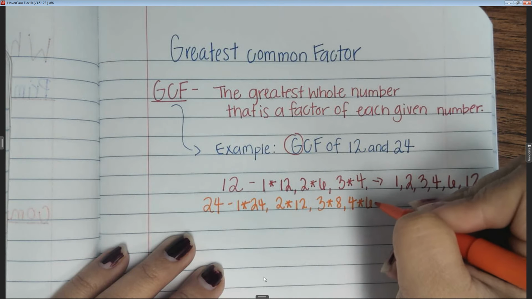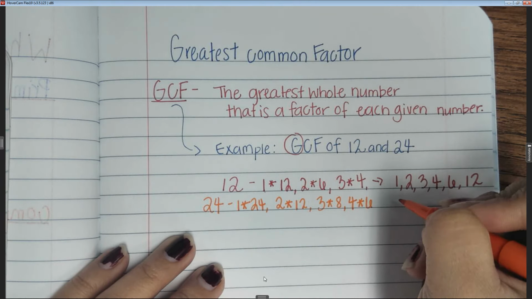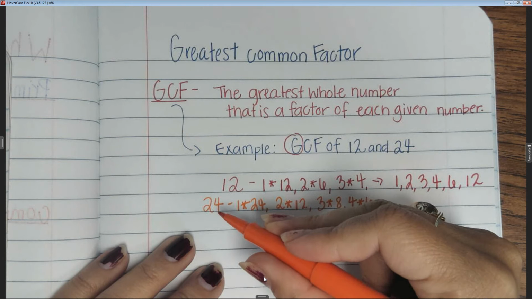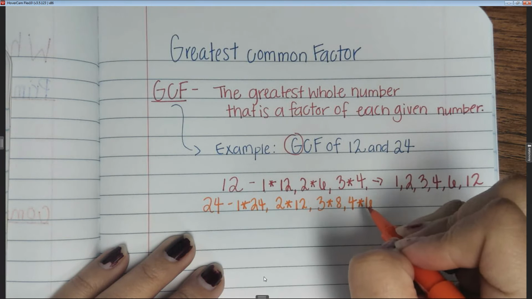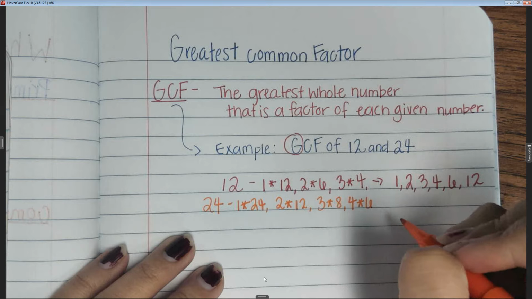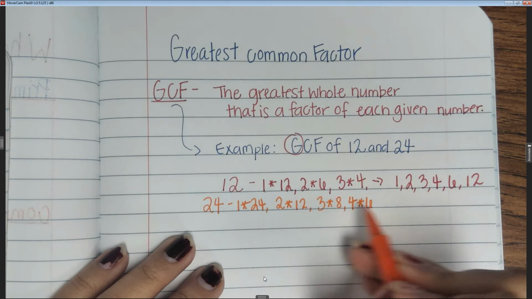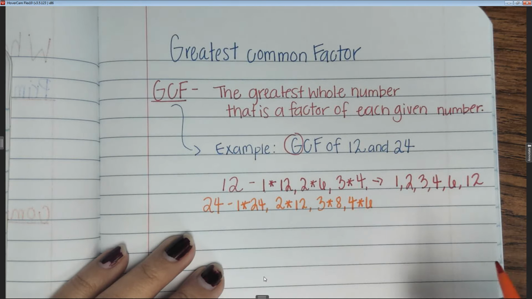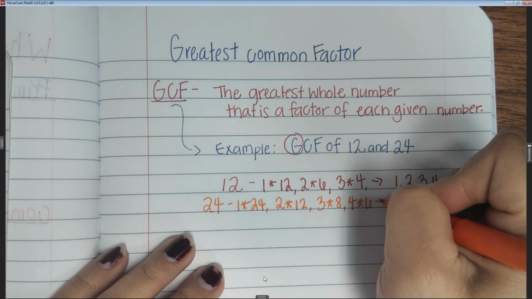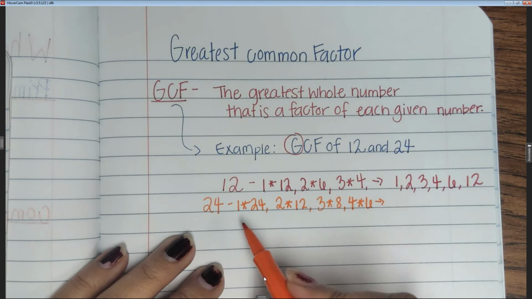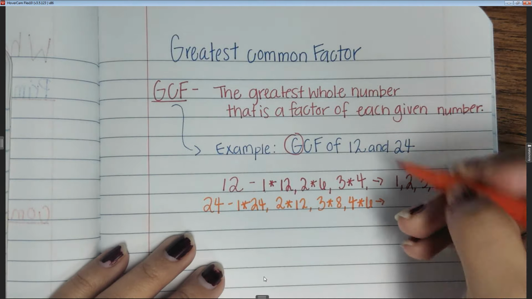Now if I do 5, 5 times a number doesn't give me 24. And then when I go to 6, I'm right back where I started, okay? So now these are all my factors that I can multiply to give me 24. I'm going to put these factors in order from least to greatest.